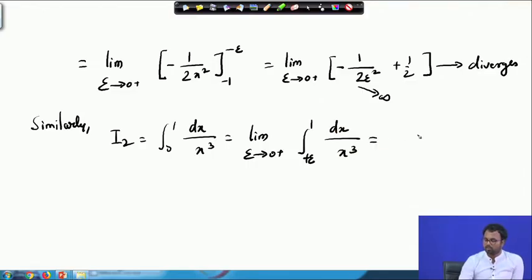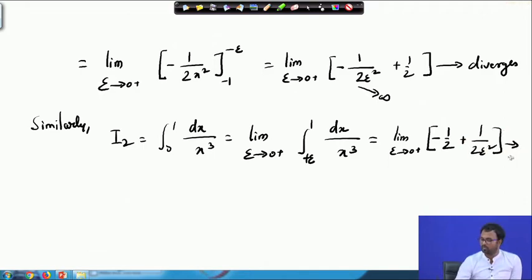And if we evaluate this integral, then we will obtain limit epsilon goes to 0 positive of minus half plus 1 by 2 epsilon square, and this one is also divergent. So this also diverges.